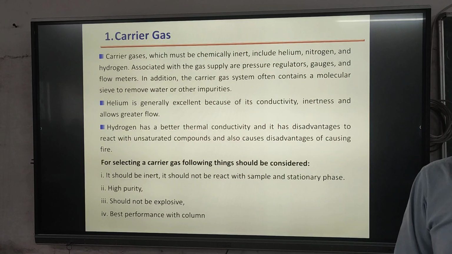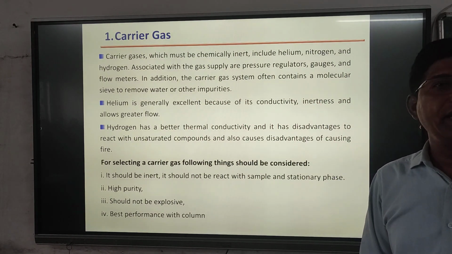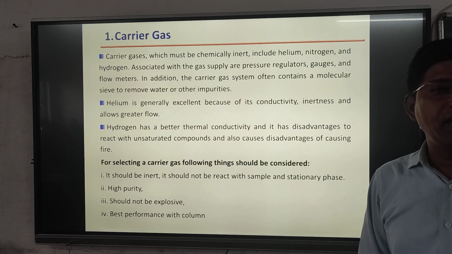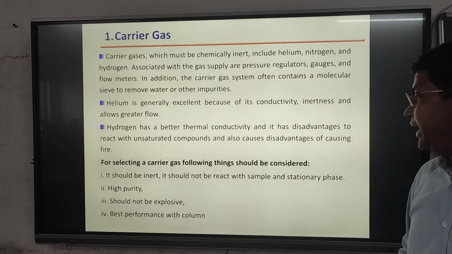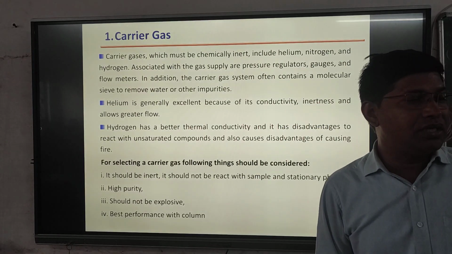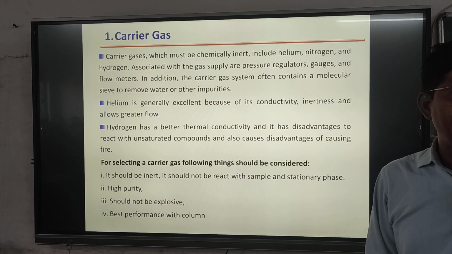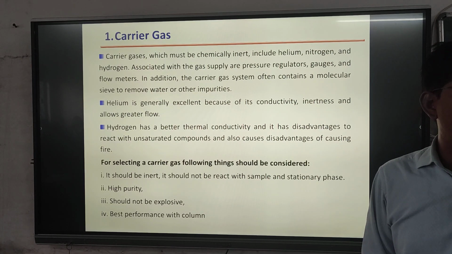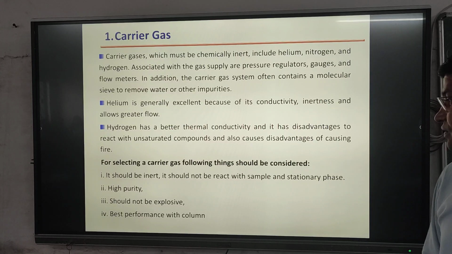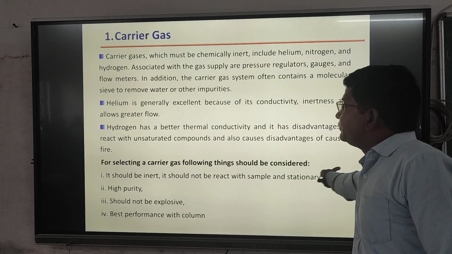In gas chromatography the mobile phase purity is 99.99 percent. It should not be explosive, because hydrogen is an explosive gas and it is very difficult to store. And it should give the best performance with the column.